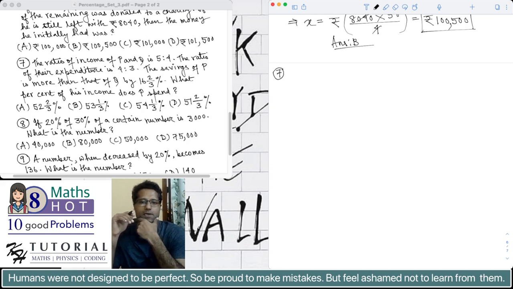The savings of P is more than that of Q by 16 and 2/3 percentage. What percent of his income does P spend?